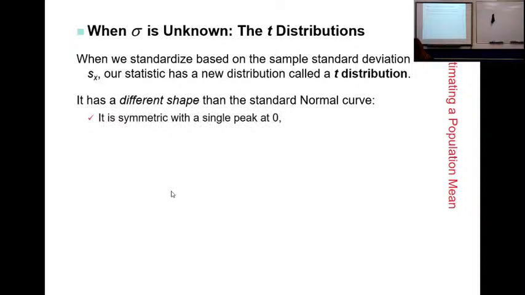Slightly different shape, still symmetric, still has a peak at 0, but has more area in the tails than the usual normal distribution.